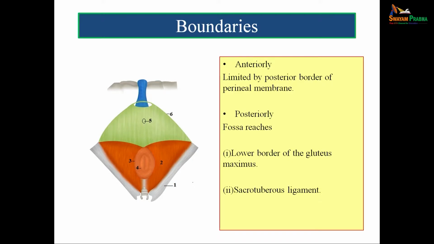The sacrotuberous ligament in this figure is marked by 1. So, the posterior margin of the green colored portion in the figure and 1 represent the anterior and posterior demarcations of the ischioanal fossa.